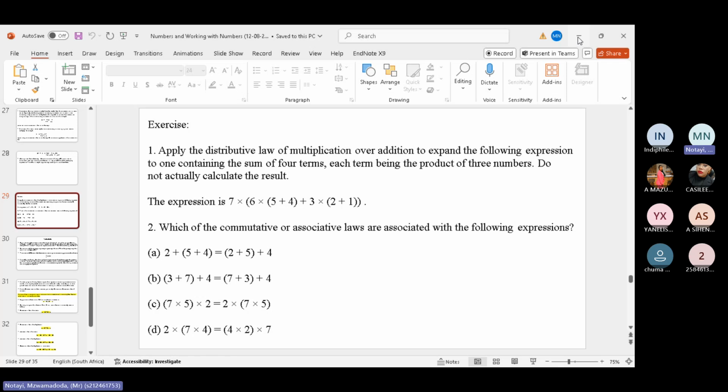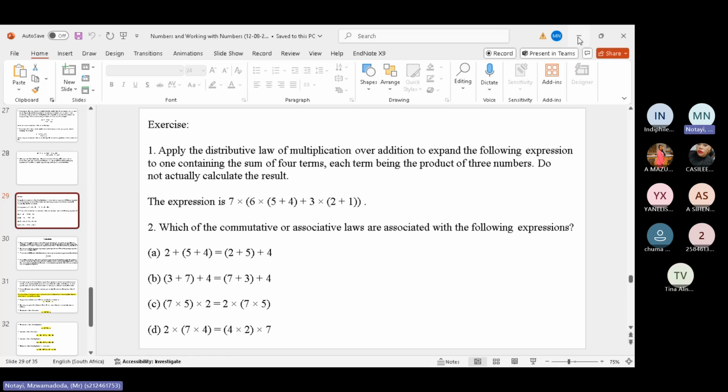Who can give me the second term? That is the first term. 7 times 6 times 5. Yes, brilliant. That is the second term. The first term and the second term.